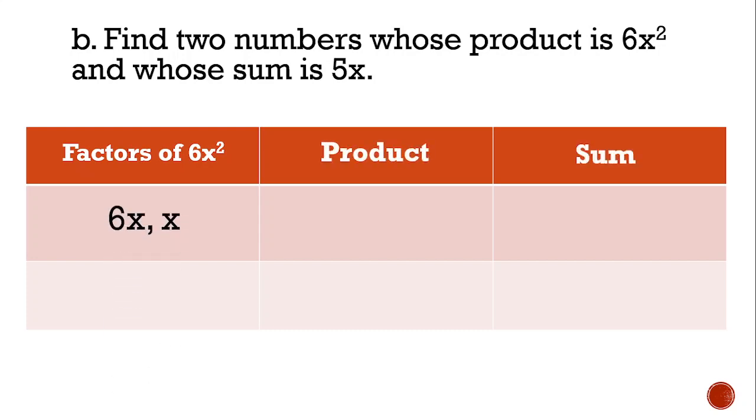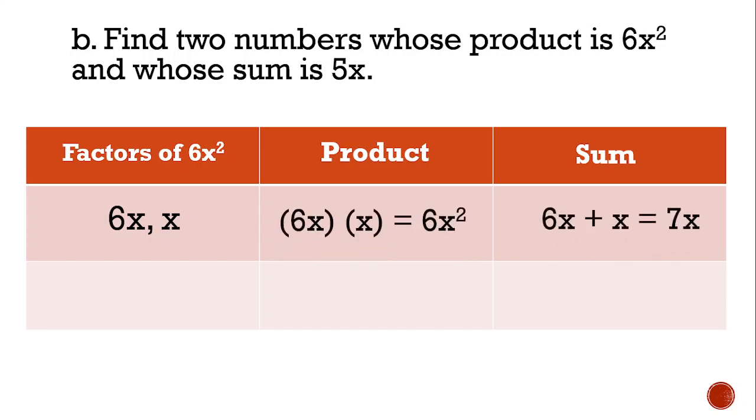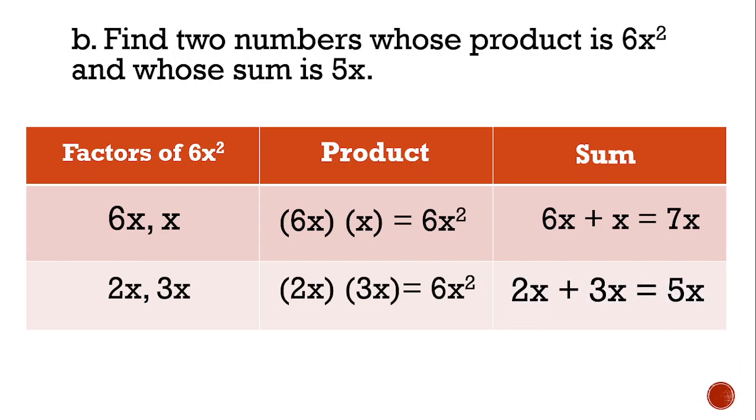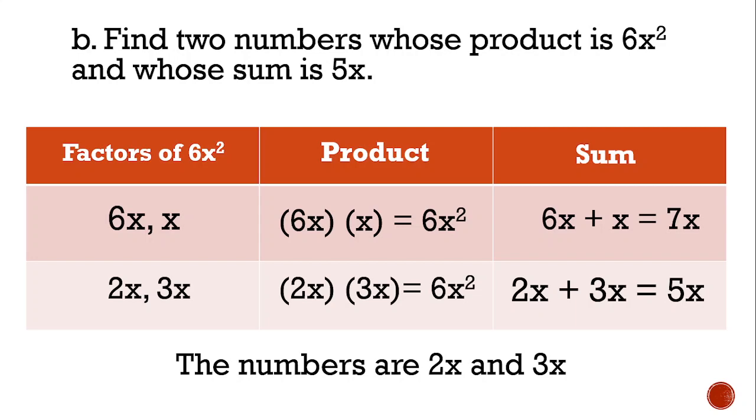So factors niya is 6x and x. And if we were going to add that, we have 6x plus x, which is 7x, ang sum niya. And we have 2x times 3x, yung kanyang product is 6x squared. And if we were going to add those two, we have 5x. The numbers are 2x and 3x.